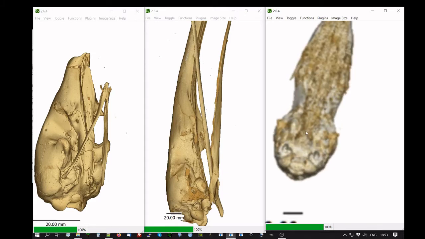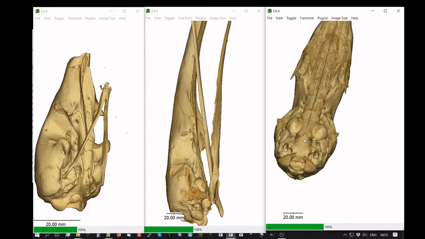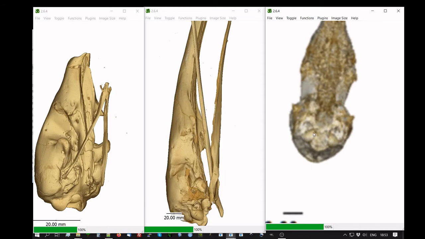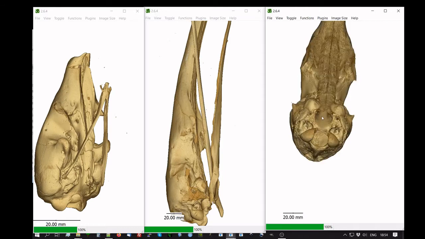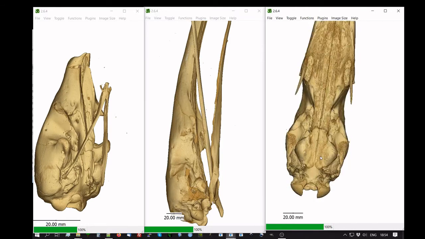It's located very far back in the skull of a giant anteater. It's so far back that it approximates the occipital condyles, and if I orient the skull back so you can see it ventrally, that opening of the internal nares is even behind the auditory bullae.